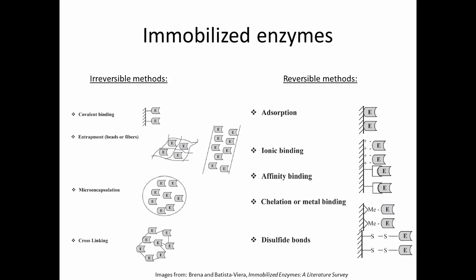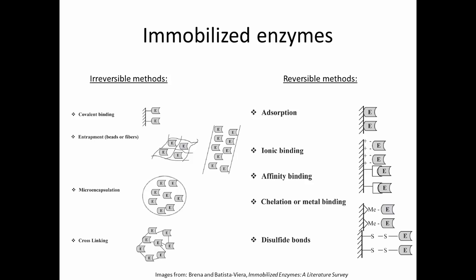Like I mentioned a couple of weeks ago, there are many ways in which we can immobilize enzymes. There are irreversible methods where we immobilize the enzyme and it's stuck like that: things like covalent binding, entrapping in beads or fibers, encapsulation in some sort of polymer, and cross-linking them all together.